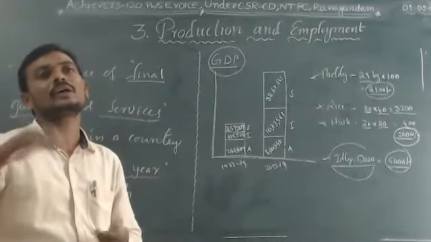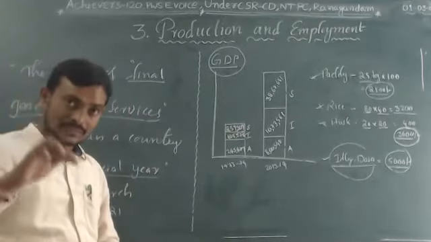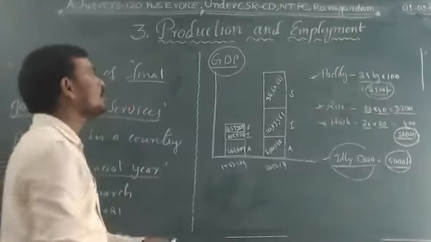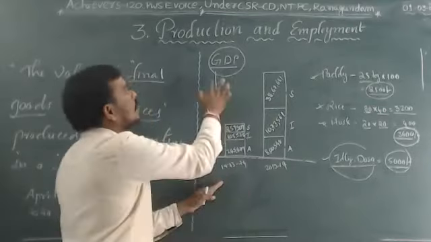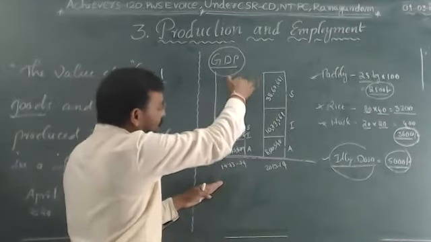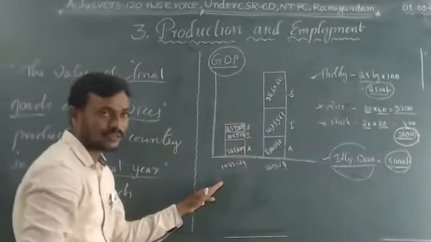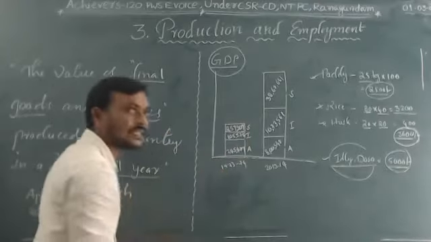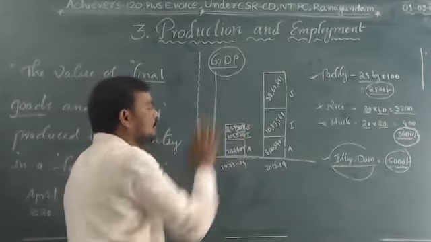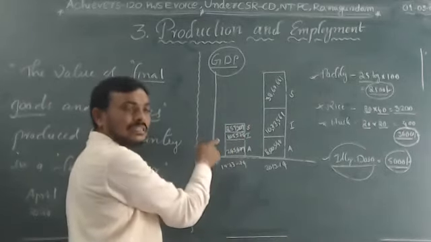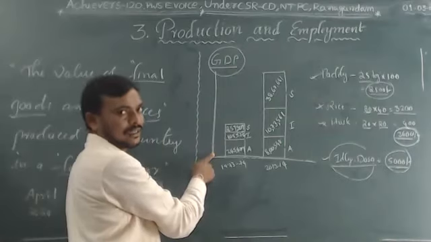That income we call gross domestic product. This bar diagram gives information about the gross domestic product of agriculture, industries, and the service sector.